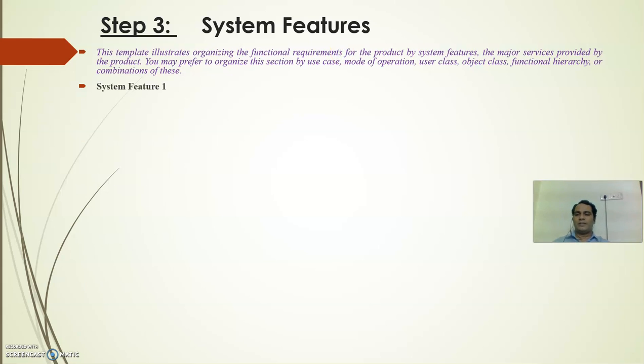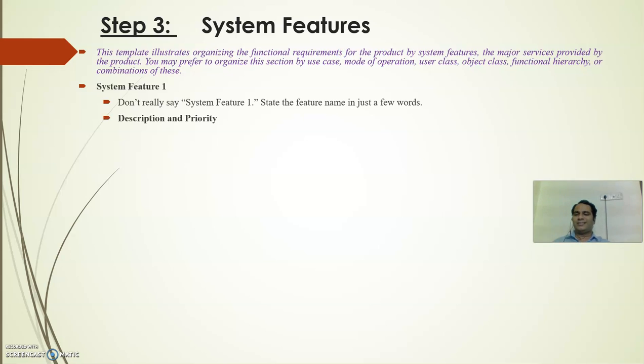So we have to mention it like this: system feature 1. Don't really write "system feature 1"; we have to specifically mention the feature name in just a few words. What is the feature that you are expecting? The action, the operation that needs to be performed.